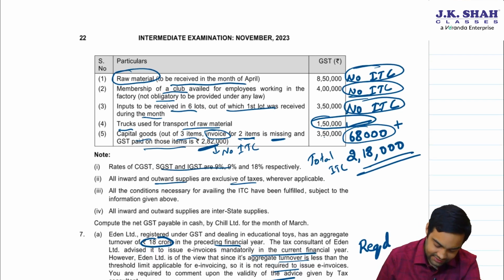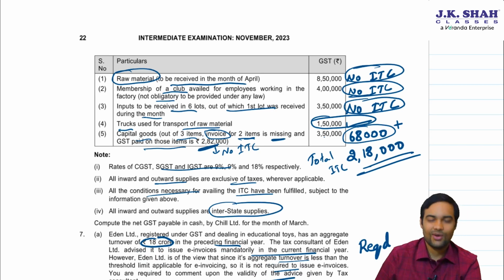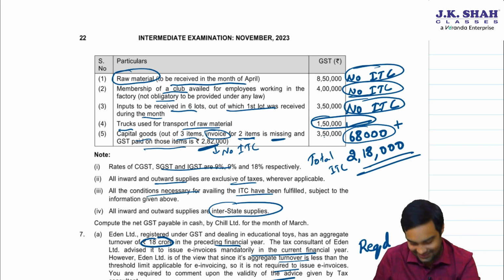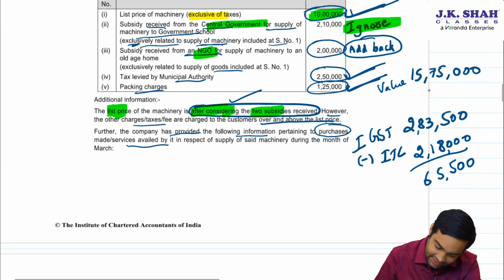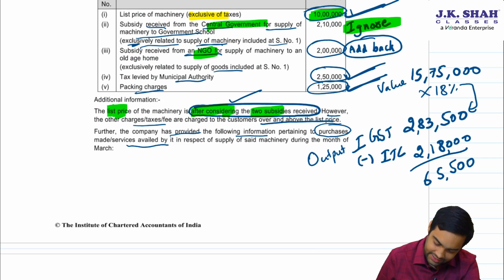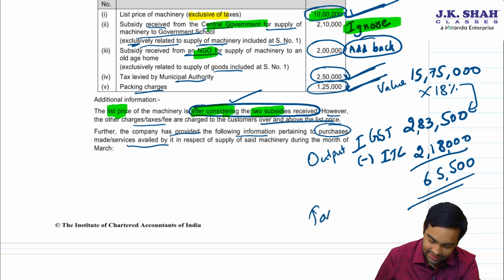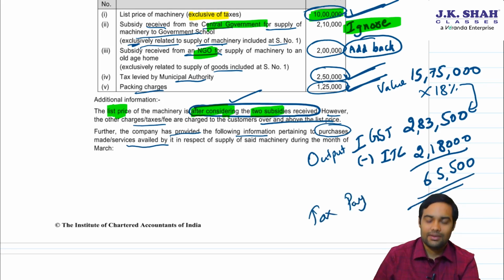Rates of GST are given. Inward, outward are exclusive of taxes. All conditions are satisfied. All are interstate supply. Oh, all are IGST. So this is my total ITC. Now 15,75,000 into 18%. This becomes my output. Now my output minus my ITC is the tax payable.